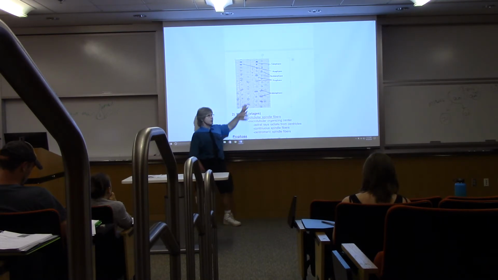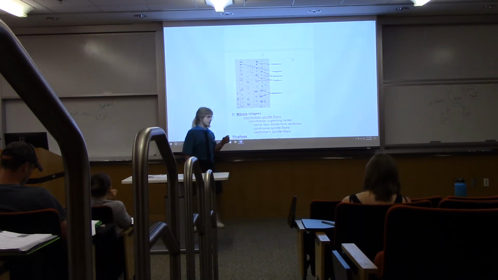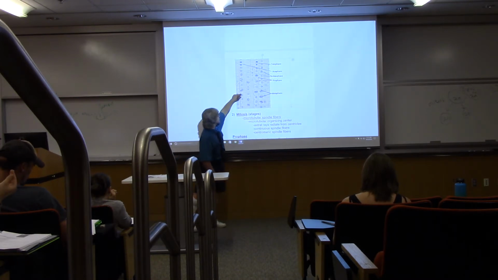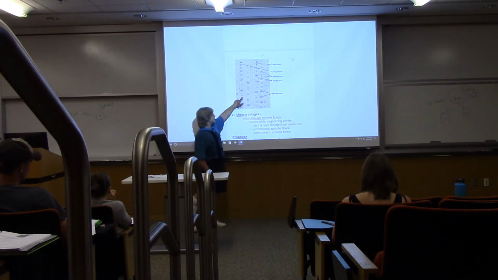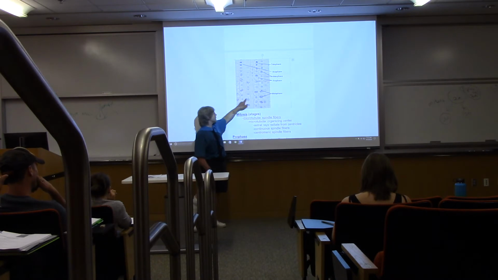When you're looking at these in Tamar's lab, that would be a good thing to keep in mind. If you see larger cells as opposed to smaller cells, for instance, this cell here is smaller than this cell.